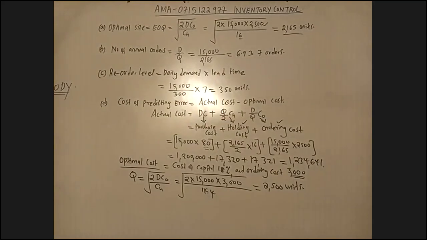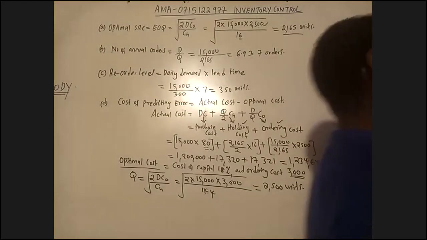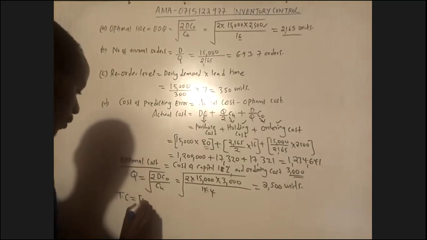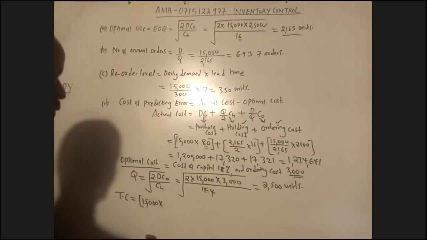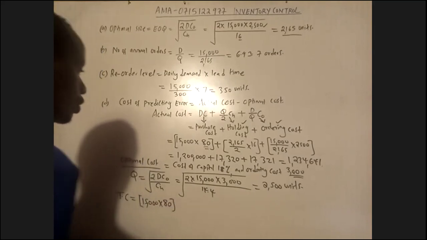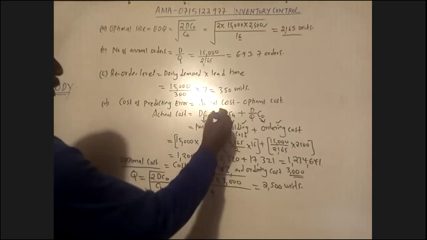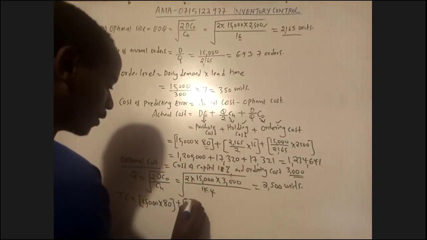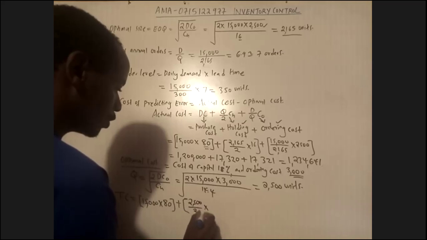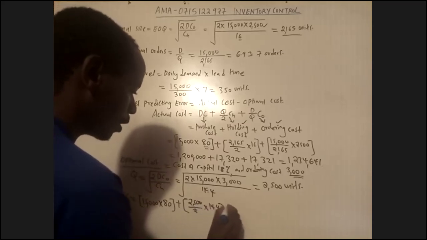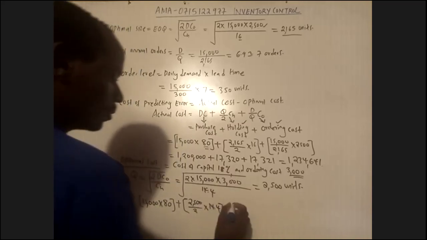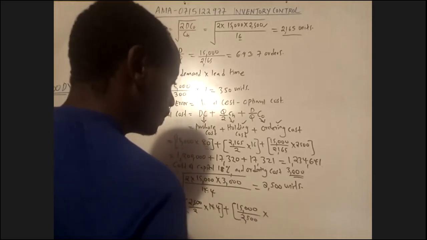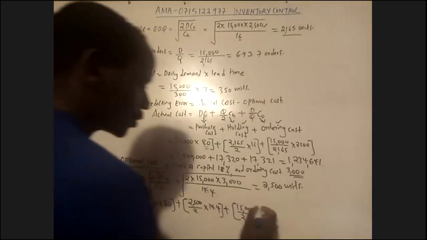Now our total cost will be how much? Annual demand 15,000 times cost, which is 80, plus Q over 2 CH, which is 2,500 over 2 times 14.4, plus D over Q, 15,000 over 2,500 times CO, which is 3,000.